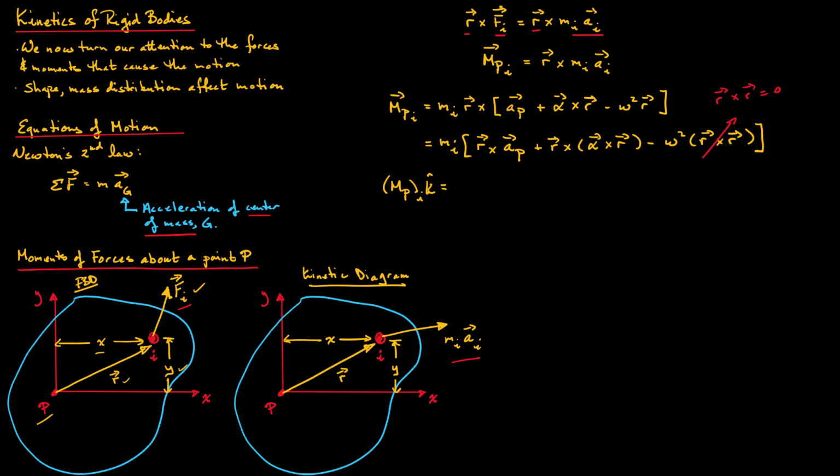And so this will be equal to mi multiplied by r, which is xi plus yj, crossed with the x component of the acceleration at point P plus a y component of the acceleration at point P.